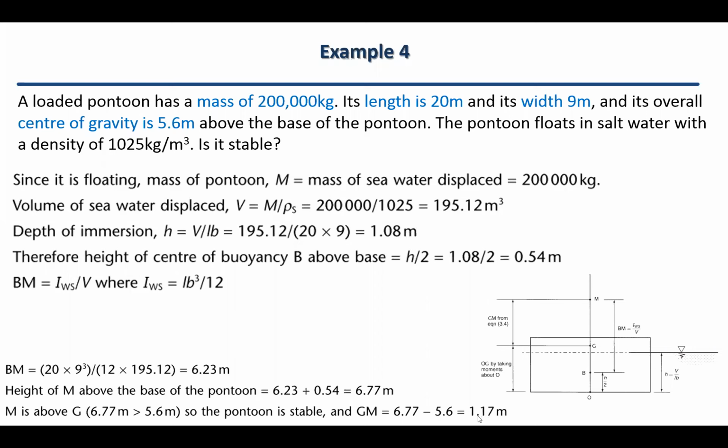So GM is a positive value and large enough, so this pontoon will definitely be stable. On the other hand, you can say M is above G. As long as M is above G, obviously GM is positive. 6.77 is greater than 5.6 meters, so GM exists as a positive value equal to 1.17, and we say this is stable.